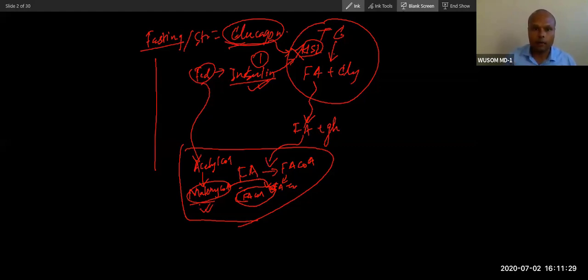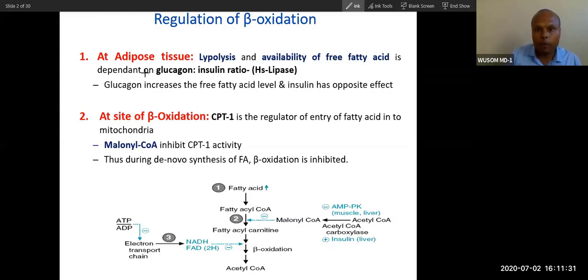Lipolysis and availability of free fatty acid will be ensured by high glucagon and low insulin, by stimulating hormone sensitive lipase. That is how free fatty acid will increase in fasting condition.